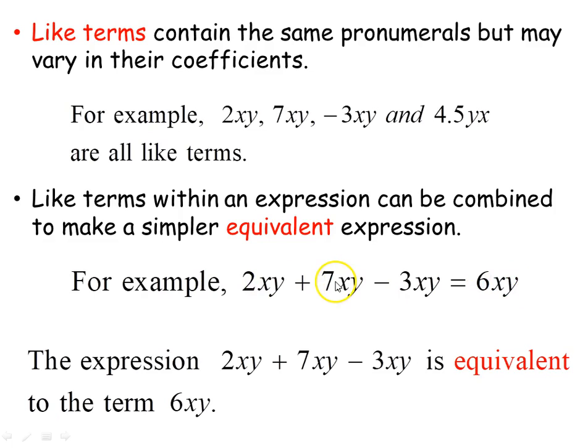Notice 2 plus 7 is 9, minus 3 is 6, and they're all x times y. The expression 2xy plus 7xy minus 3xy is equivalent to the term 6xy, and simpler in the sense that there's one term compared to three.